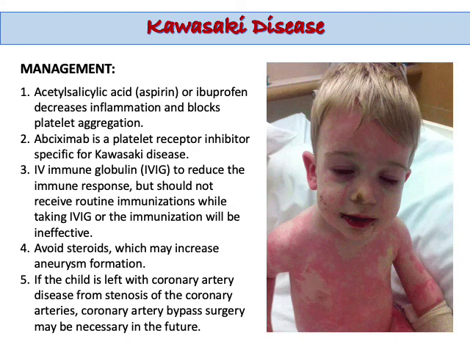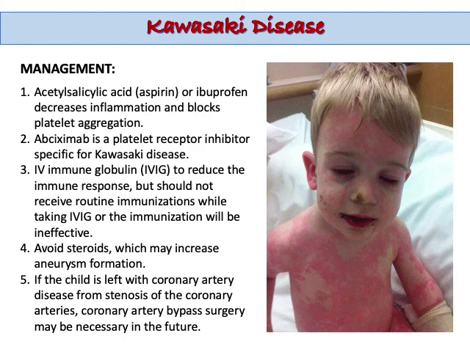Abciximab is also a platelet receptor inhibitor to prevent thrombus formation, which can cause myocardial infarction. This is specific for Kawasaki disease. IVIG reduces immune response, but children under IVIG should not receive immunization while taking this drug. The immunization will be ineffective.